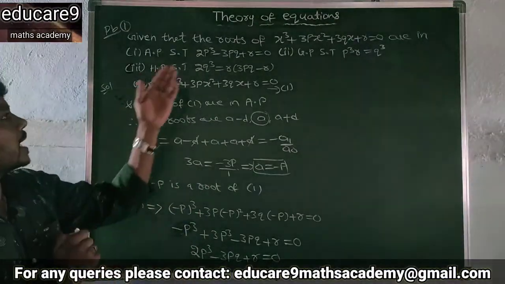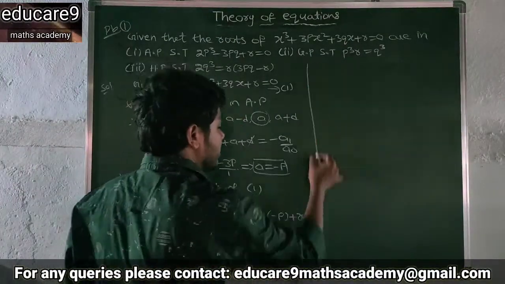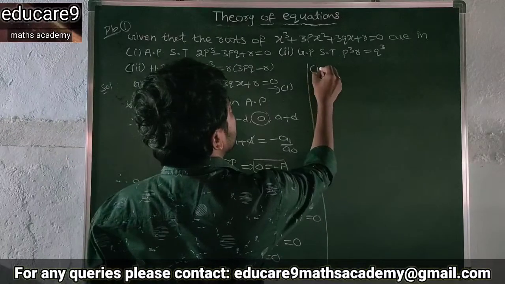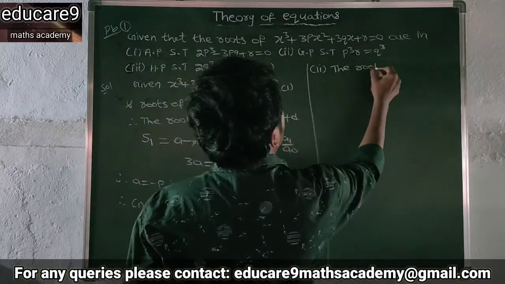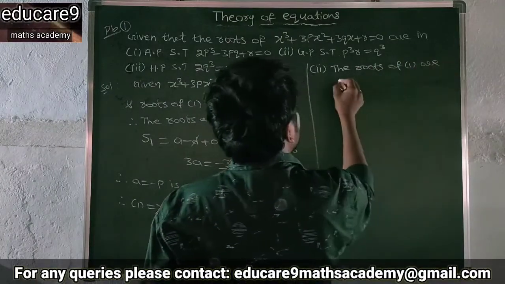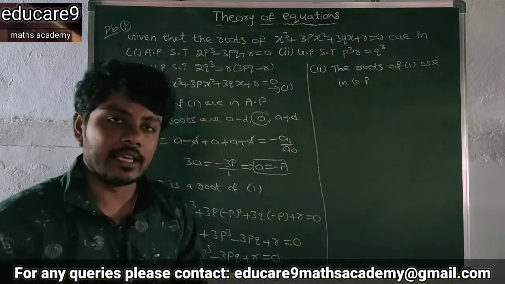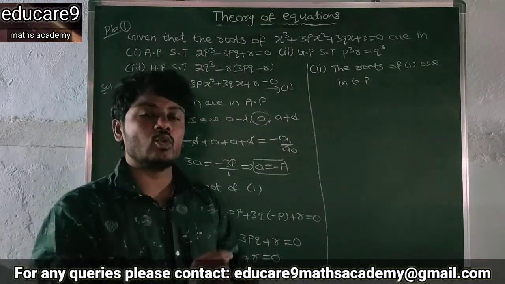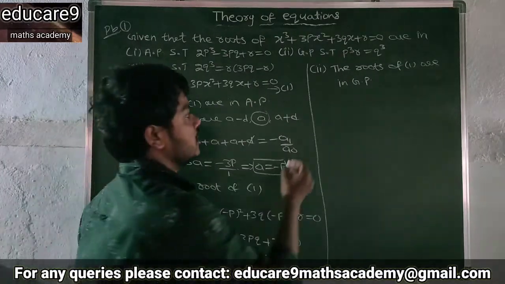Next, if roots are in GP. See the second solution. The roots of 1 are in GP. So in that case, we have to take the roots as a by r, a, ar.